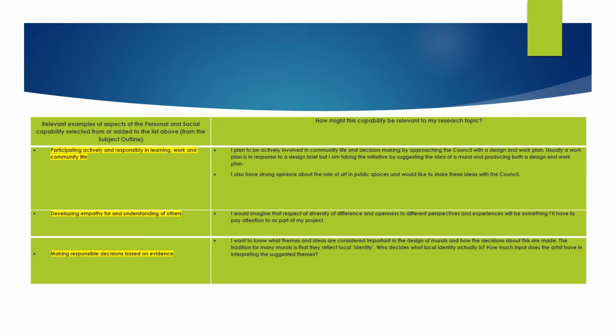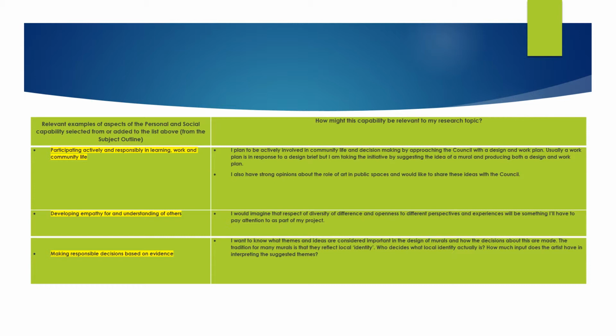You can see that this person has picked that they're going to participate actively and responsibly in their learning, work and community life as one of their dot points. And then when we go to the other side, you can see that they are doing this because they're going to actively be involved in something. And you can notice that in the breakdown of it, it is actually using the words of the descriptor.